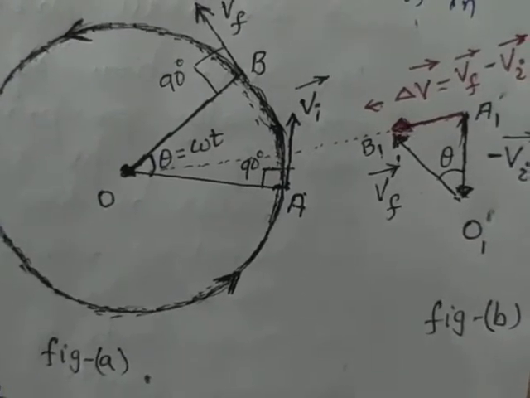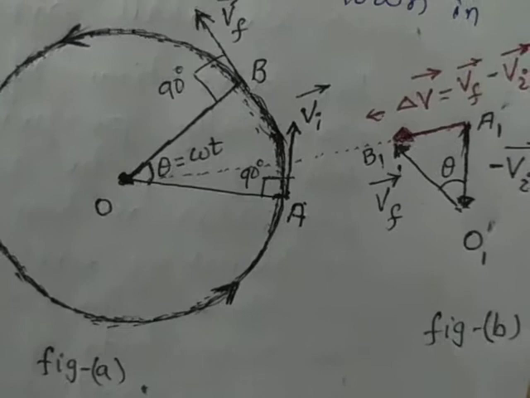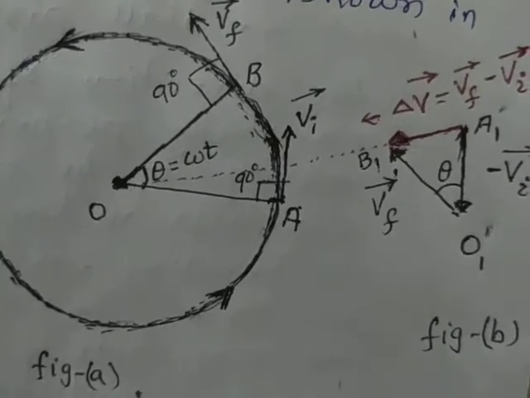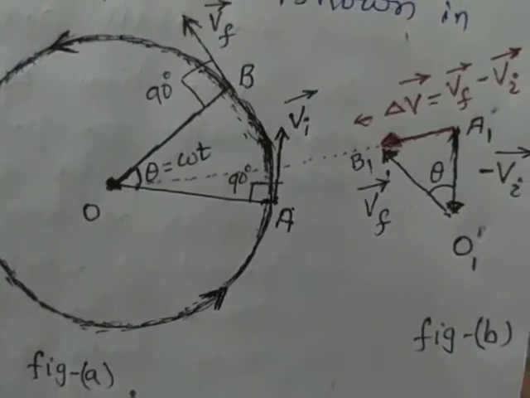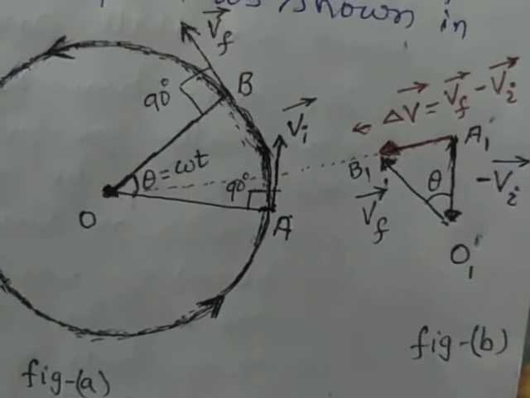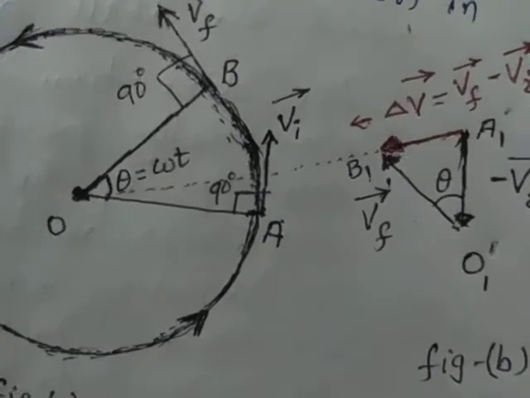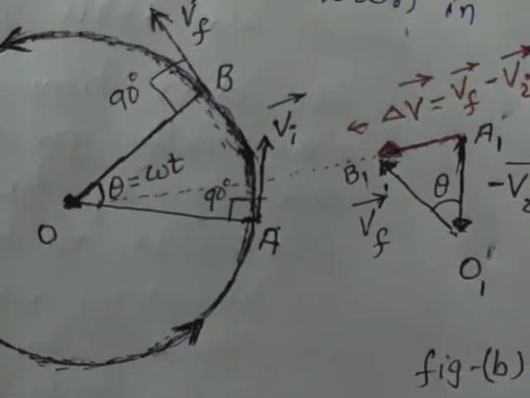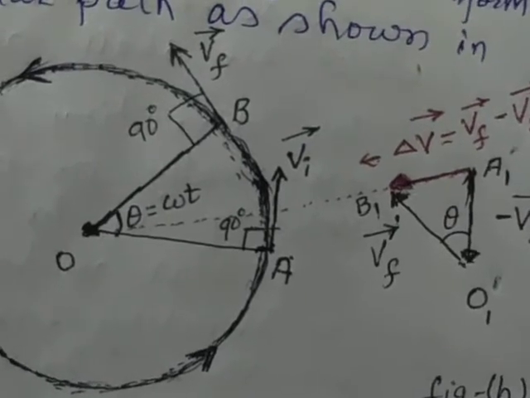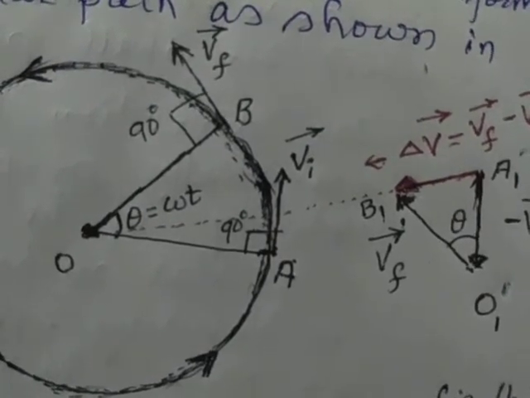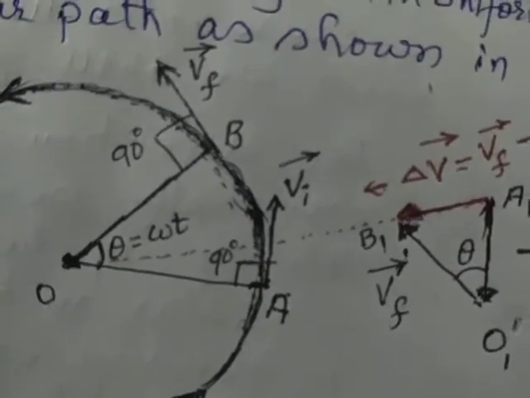Then we can understand that the initial velocity, which is always tangential to the circular path, is shown by the vector vi, and the final velocity of the body when it reaches point B is shown by the vector vf.